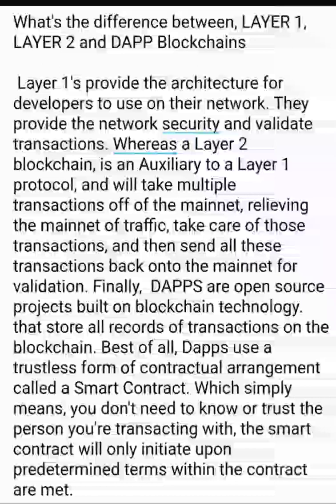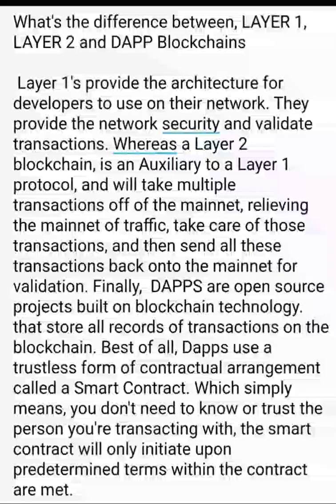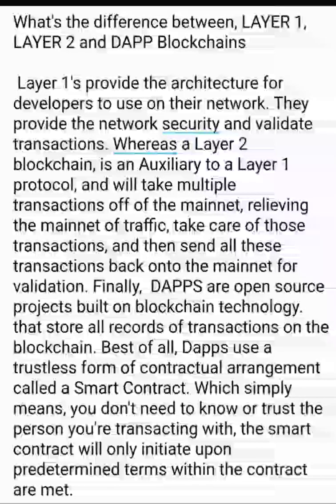So the benefit of a layer 2 is that it's going to take transactions off the main network, thus lessening the congestion on that main network, package up these multiple transactions, and put them back onto the mainnet as one transaction, thus still relieving the congestion and also relieving the cost to everyone using that mainnet network.